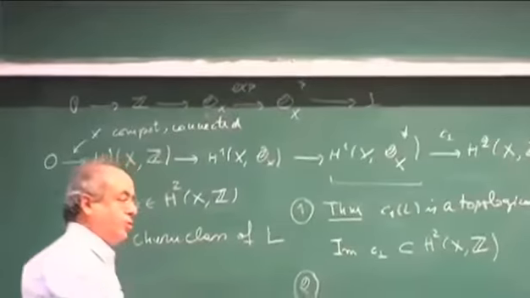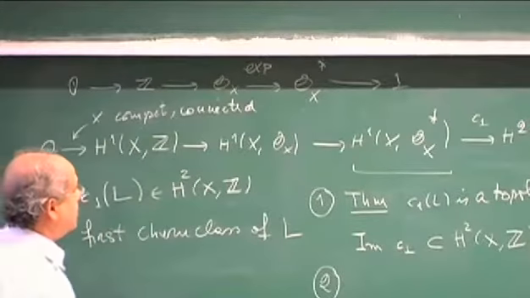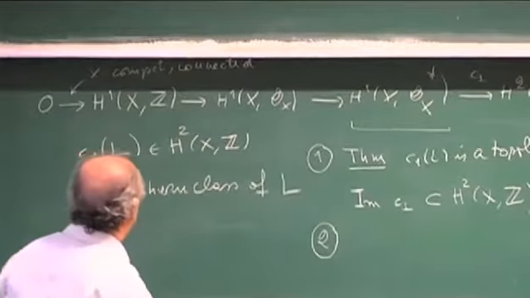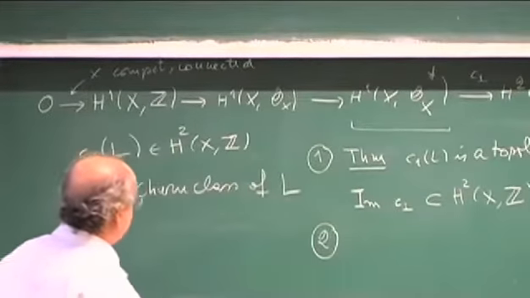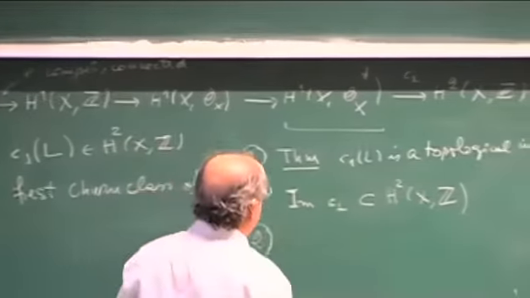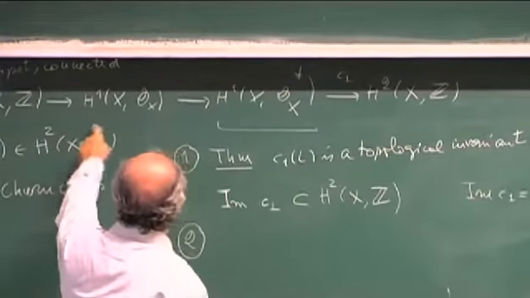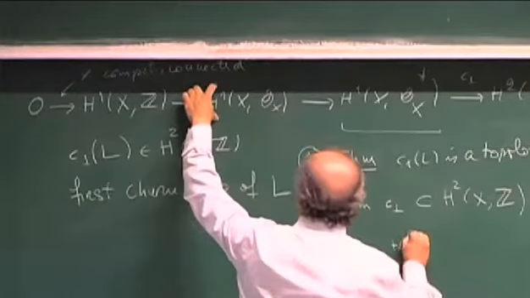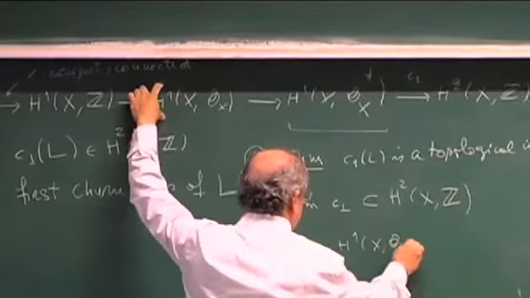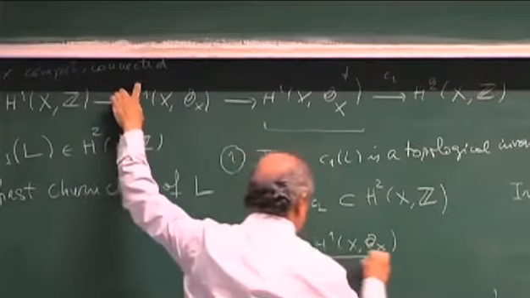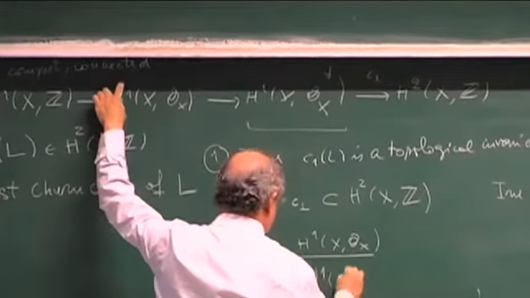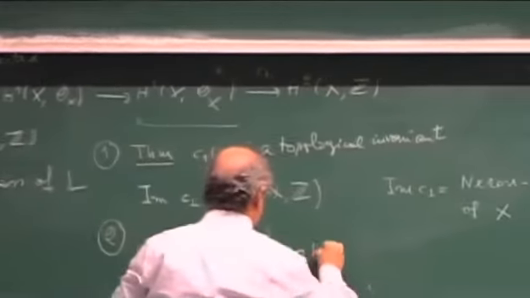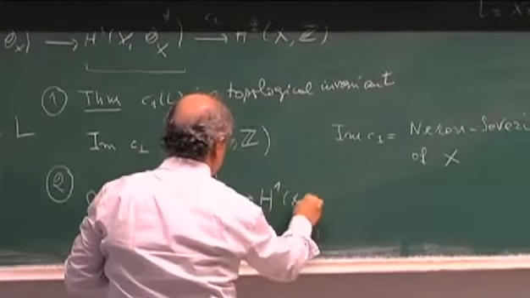Now, I will leave to you again. You see that you are getting an awful lot of things you should meditate upon. So I will leave you the following thing as well. This is general. Just because we have an exact sequence, you see that this injects inside this one. You can take a quotient, and then this quotient will inject into the next term in the exact sequence.